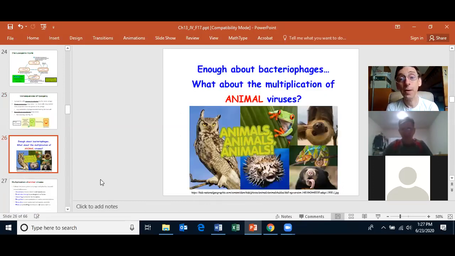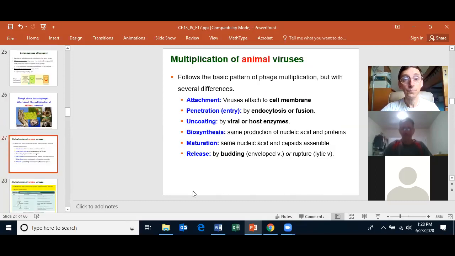We've talked enough about bacteriophages. They only have 2 life cycles. Now we want to talk about animal viruses. What happens in the multiplication of animal viruses? So when we're talking about the multiplication of animal viruses, they follow the basic pattern for bacteriophage multiplication, but they have a few differences.